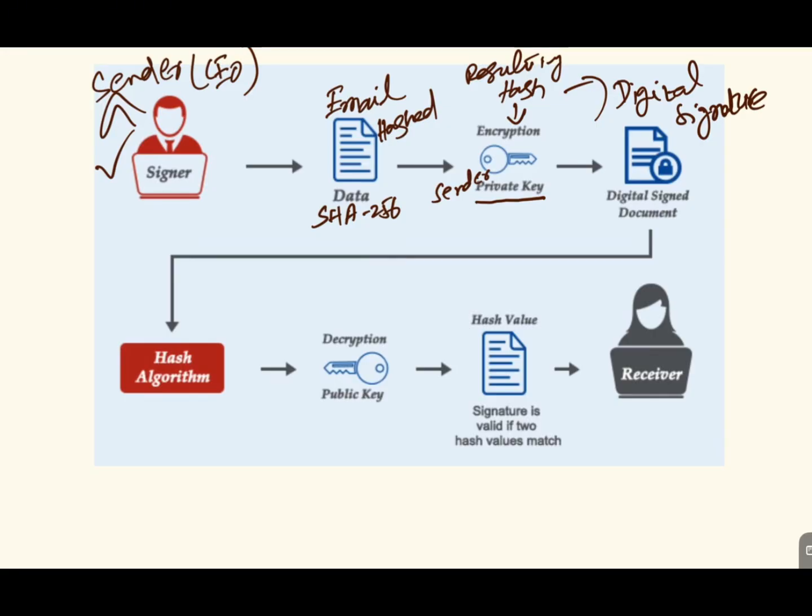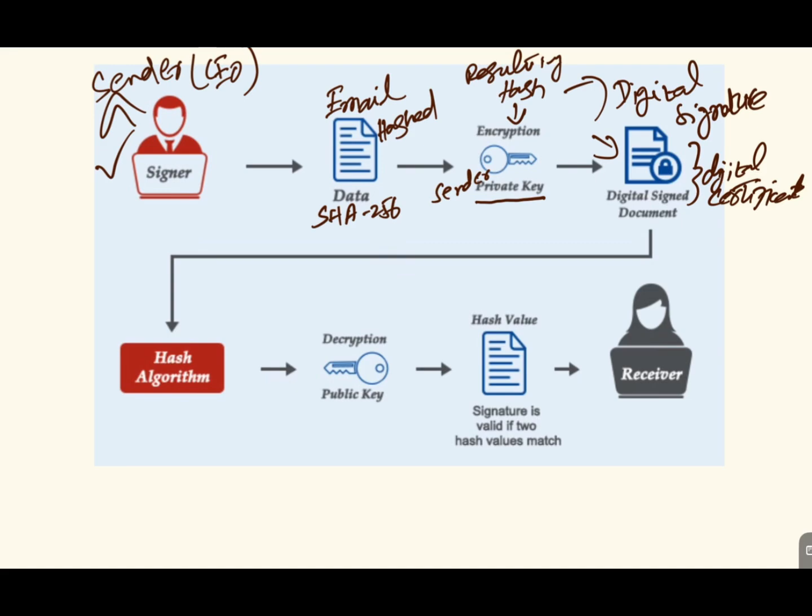Now the sender also has a digital certificate. So what does this digital certificate contain? The digital certificate contains the sender's identity and the sender's public key, and is digitally signed by a trusted certificate authority such as DigiCert or Let's Encrypt.